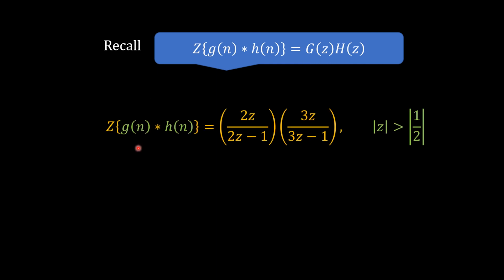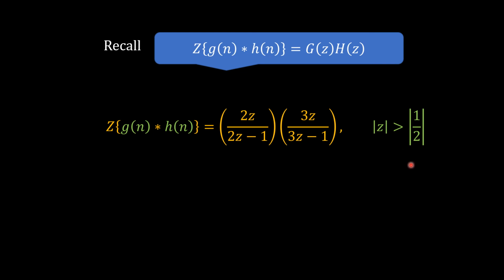Therefore, Z transform of the given sequence f of n, that is g of n star h of n, is equal to the product of 2z divided by 2z minus 1 into 3z divided by 3z minus 1. And here the region of convergence is mod z greater than mod of 1 by 2.